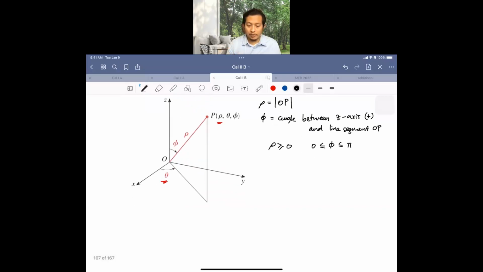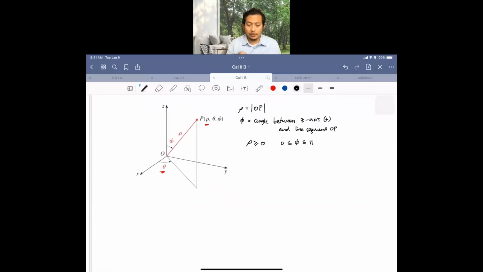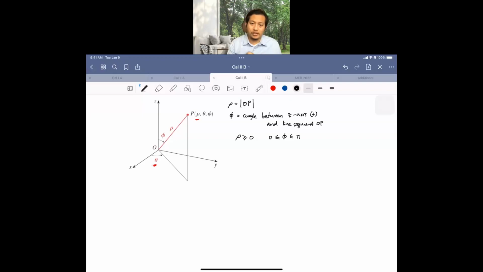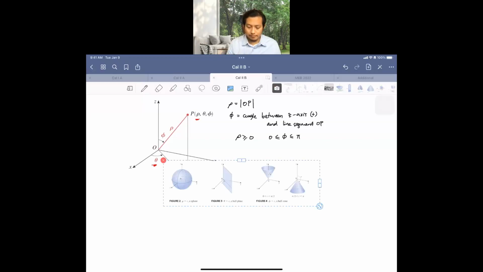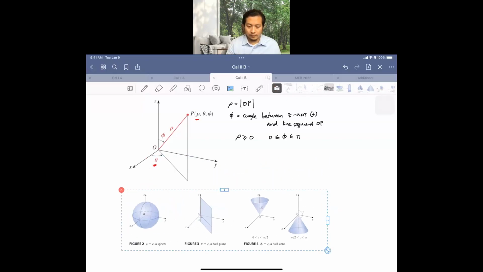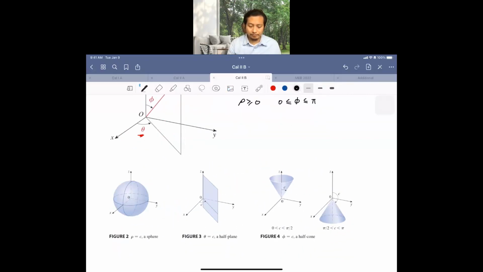Similar to the cylindrical coordinates, let's observe all the conditions when we hold a certain variable constant, and see how the other variables behave.